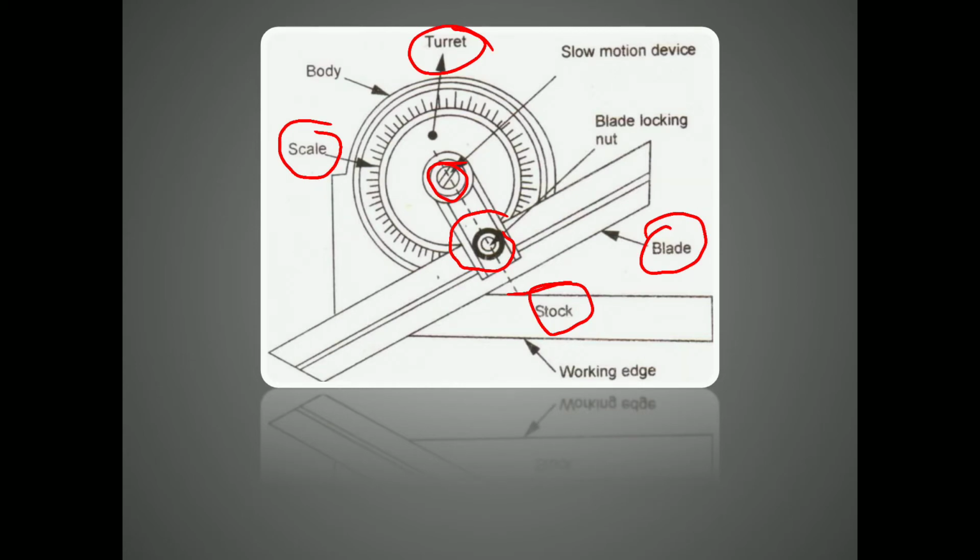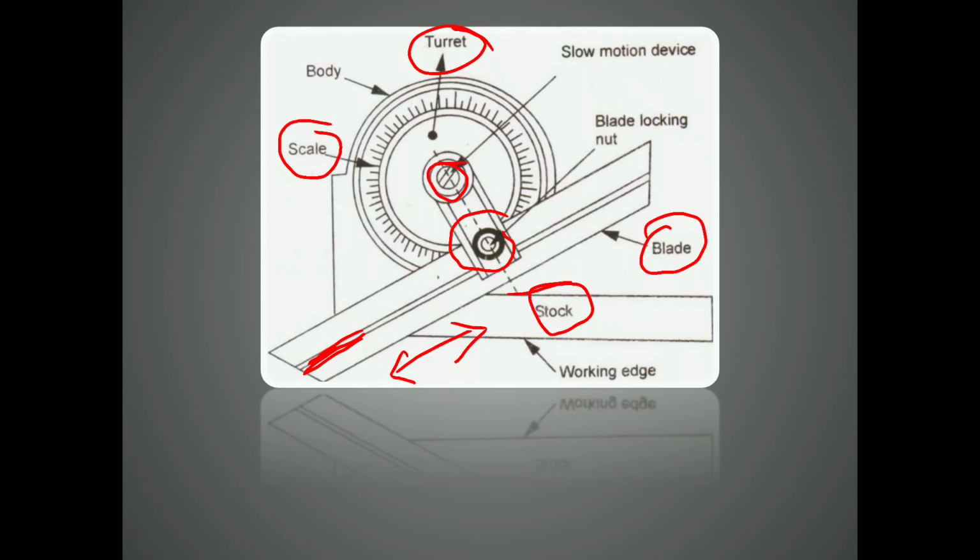This slot is given to engage this blade with respect to this turret, and you can slide it as per your face requirement, and this locking nut restricts the to and fro motion of that particular blade.